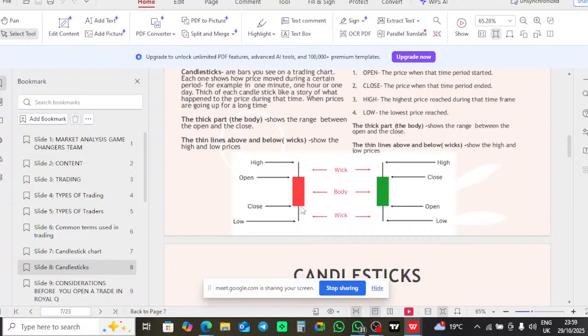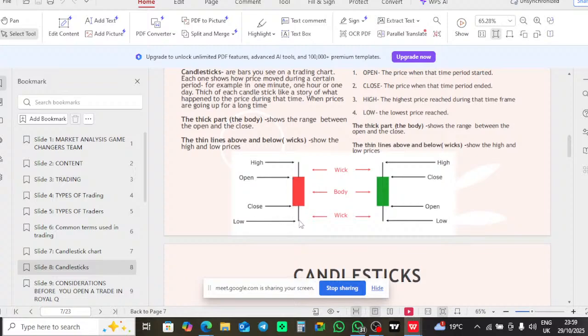Are we together? It means downward point, it is its close. It will close down. Its high is this because of this wick. But the candle was opened here, where the body started from. That is its open. Then its close is down.